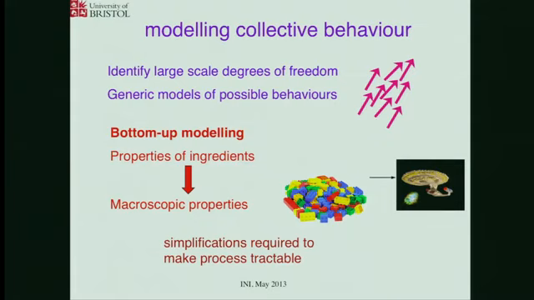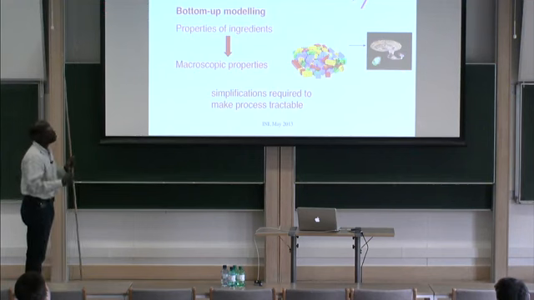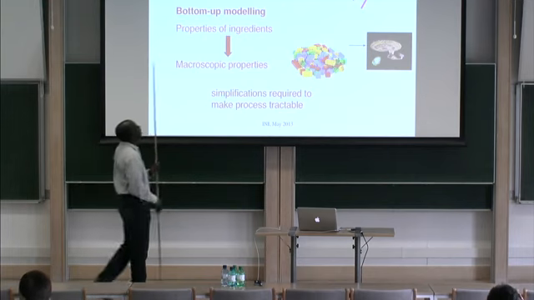We want to identify some large-scale degrees of freedom. One thing we can look at are measures of liquid crystalline order. For example, do they align in a polar fashion or do they align in a nematic fashion?